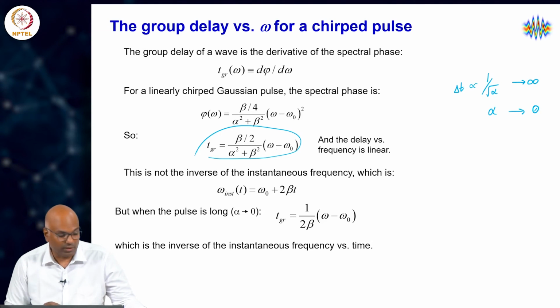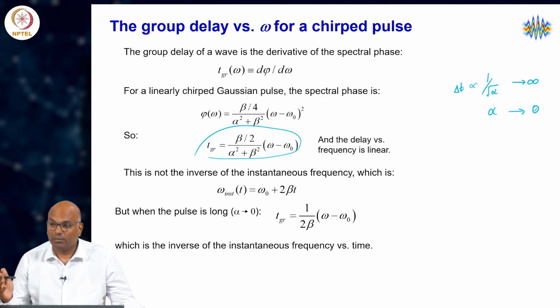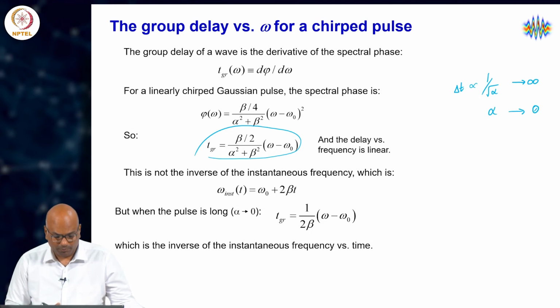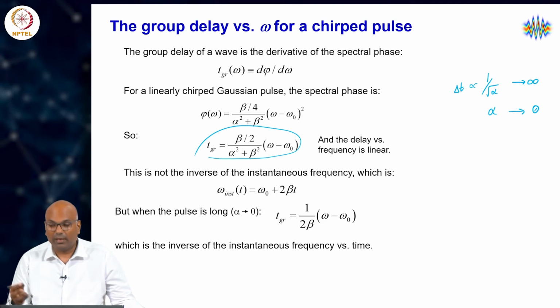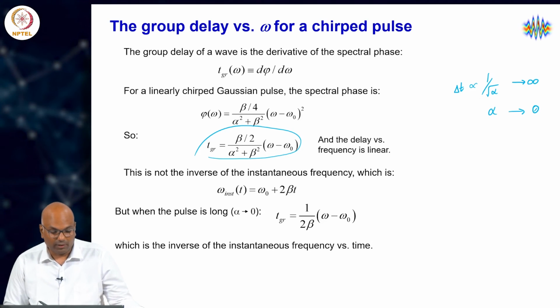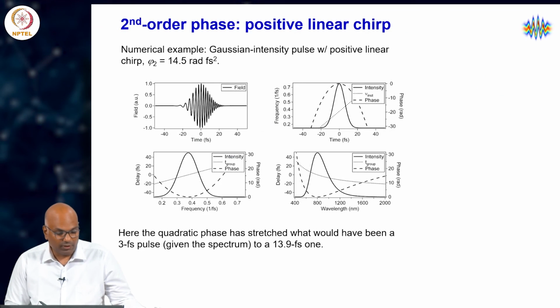These are, as I explained in the previous lecture, relatively long pulses as compared to the optical cycle that the carrier wave has in this given scenario.